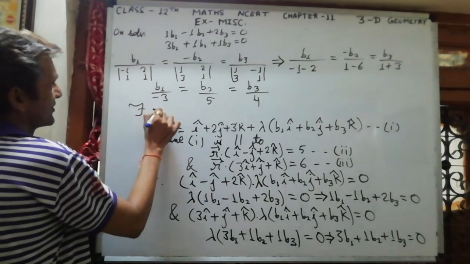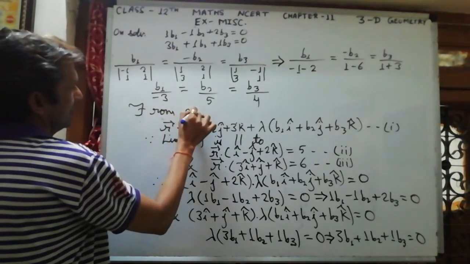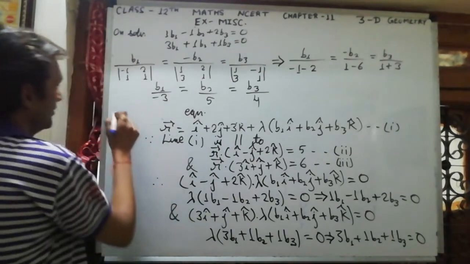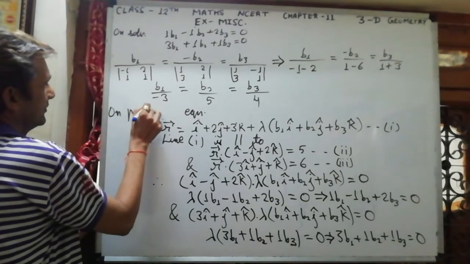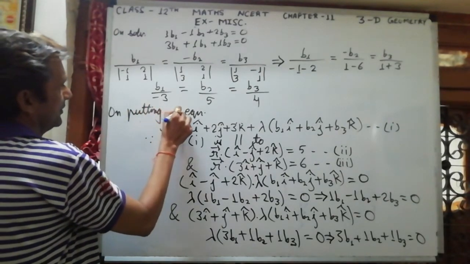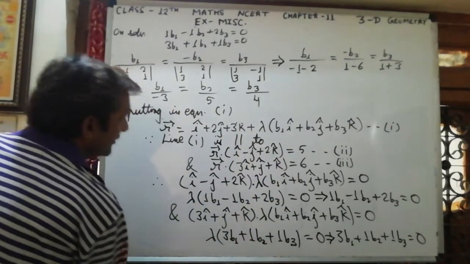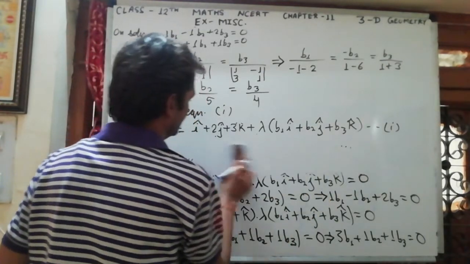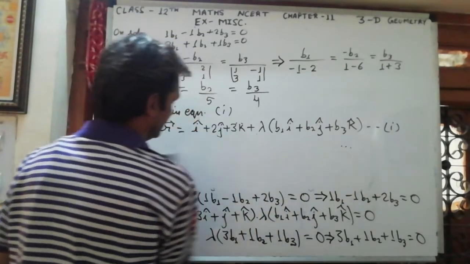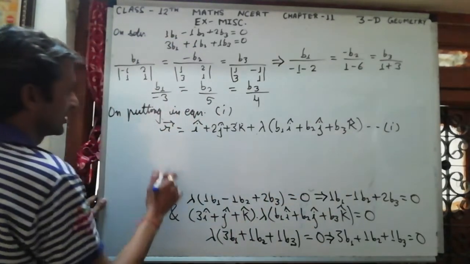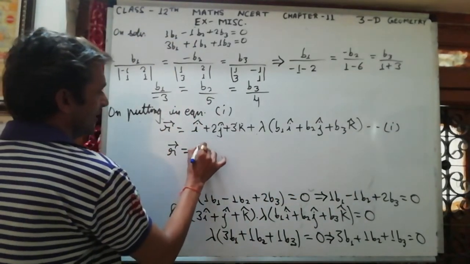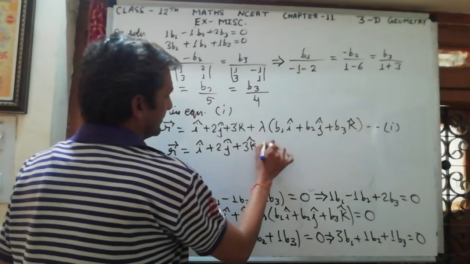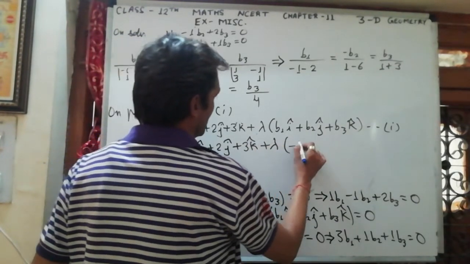So on substituting in equation 1, we may put these values here. So the conclusion is r vector is equal to i plus 2j plus 3k plus lambda into (minus 3i plus 5j plus 4k).